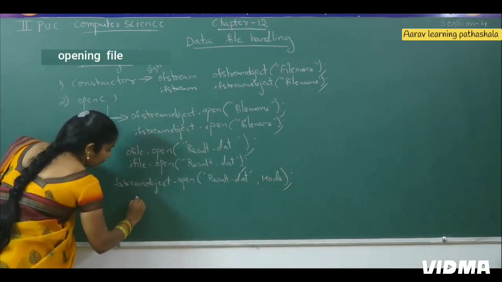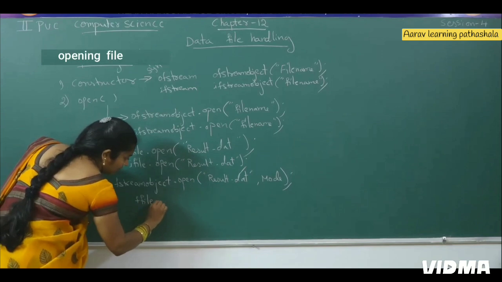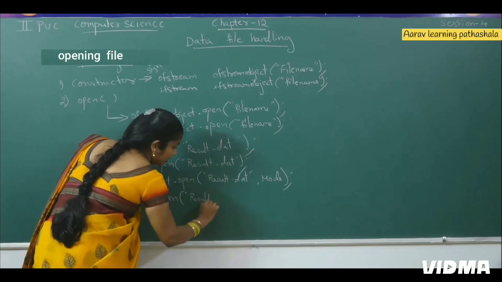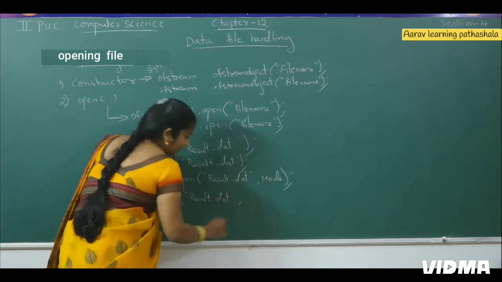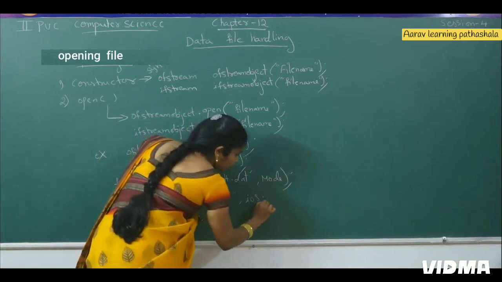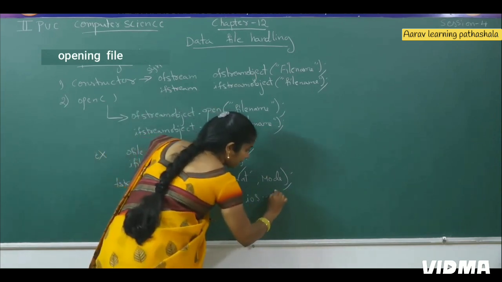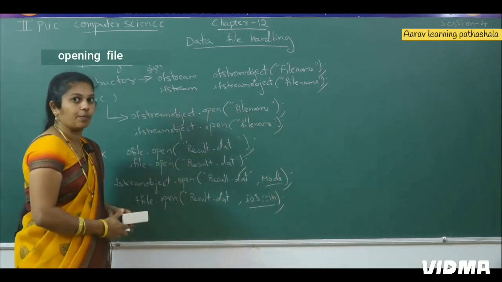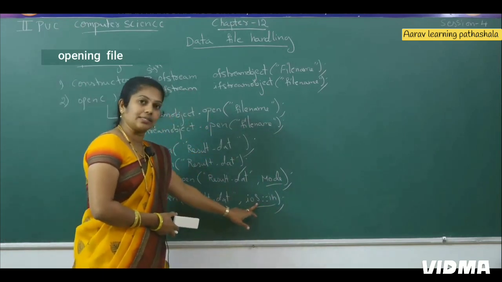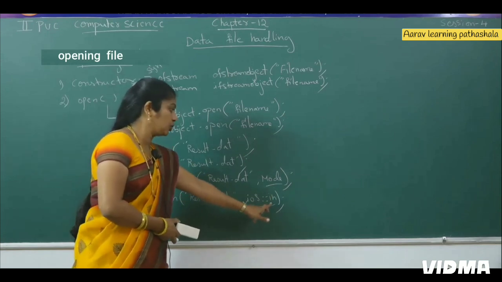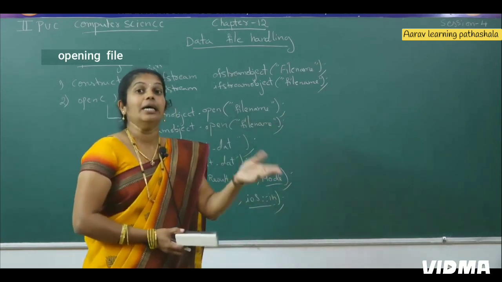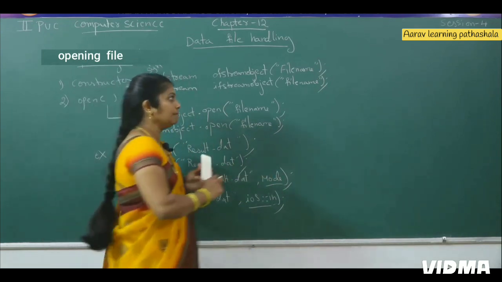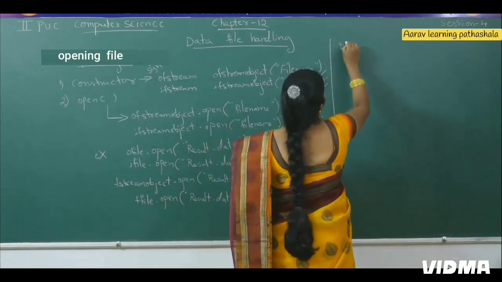Here, for example, I write ffile dot open, and inside the double quotes I write result dot dat, then ios scope resolution operator in. On the place of mode we have written ios scope resolution operator in. Here ios means input output stream. We are opening the file for reading purpose. There are several types of modes.